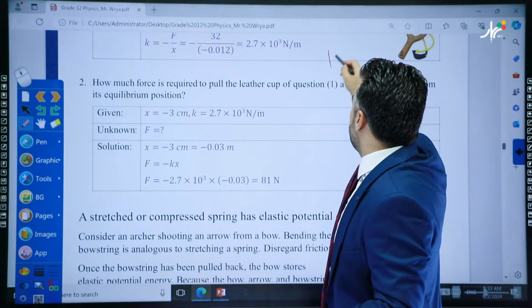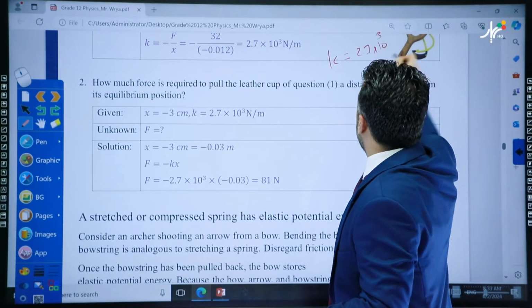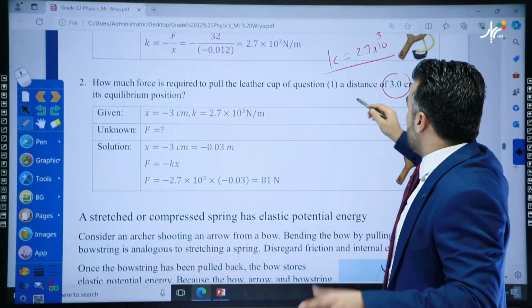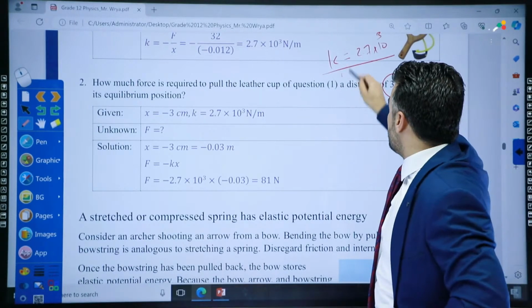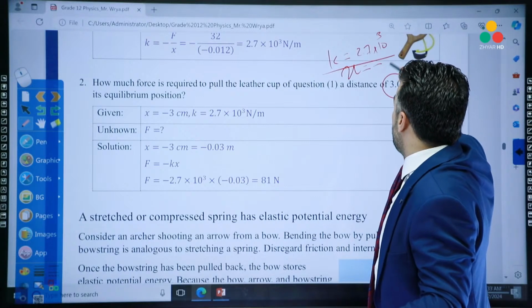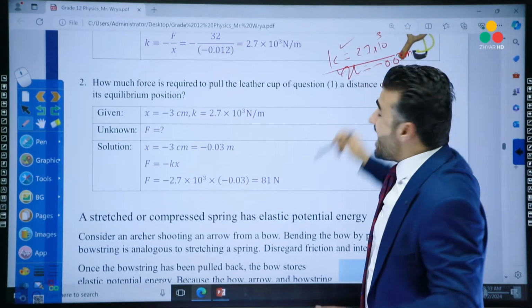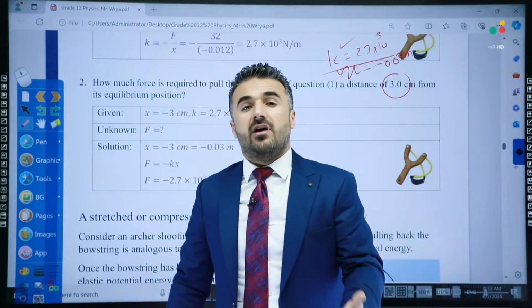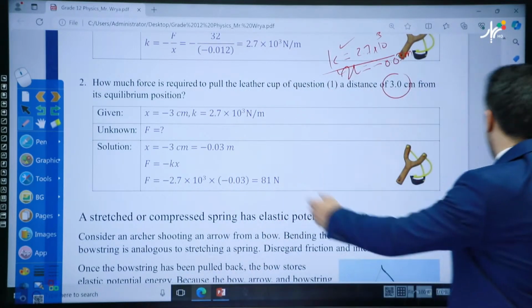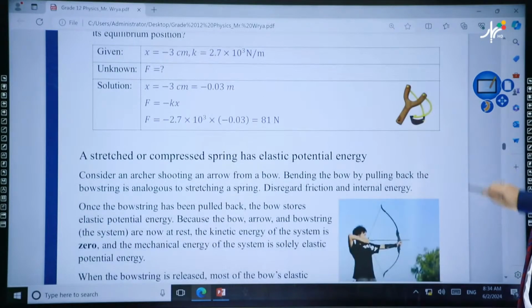We did find K, which was 2.7 times 10 to the power 3. Now here we have the extension, or the displacement x, which is going to be negative 3 centimeter, converted to meter, 0.03 meter. If you have K and x, can you find the force? Yes, you can do that using the equation of Hooke's law, and that is how it is done.